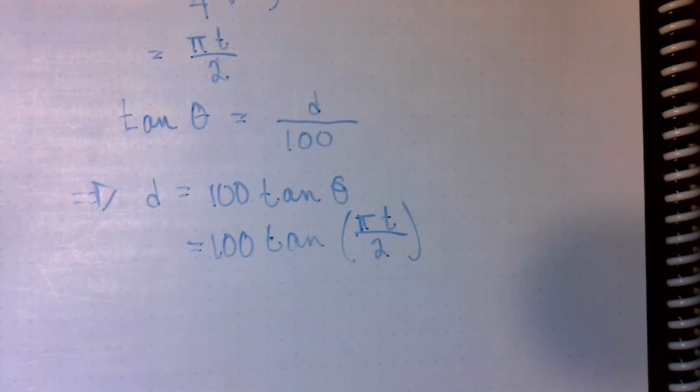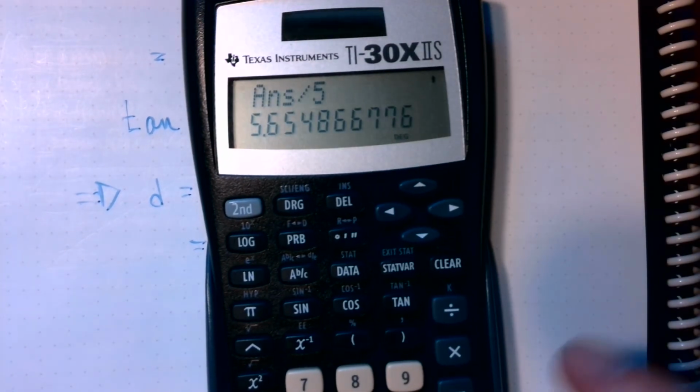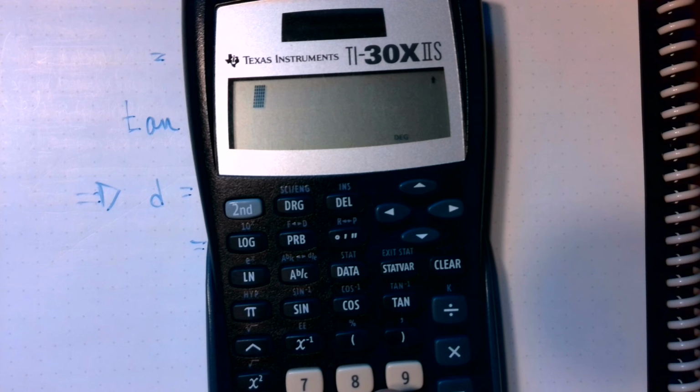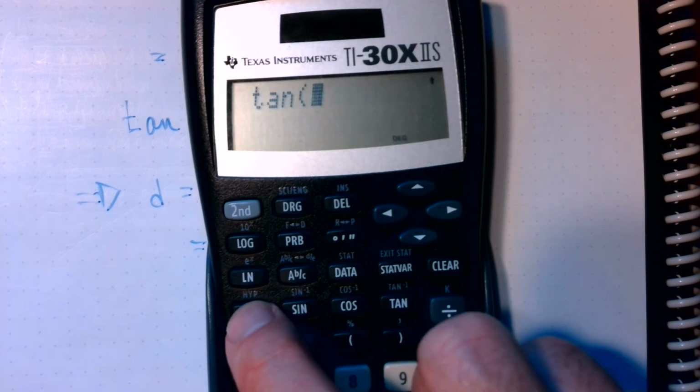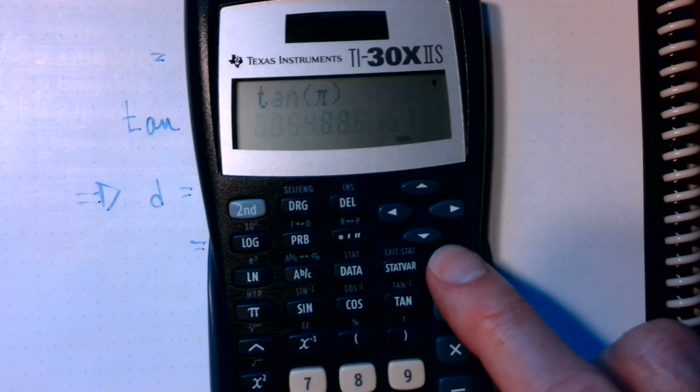Now, a couple of things to note here. When t equals 2, I have tangent of pi in my expression. Let me figure out what that is. Tangent pi. Oh, that's fine.